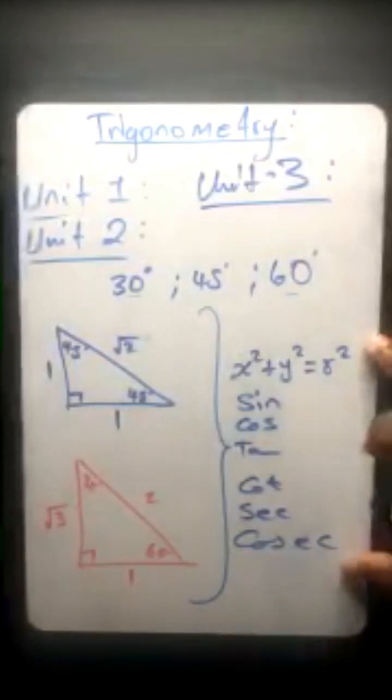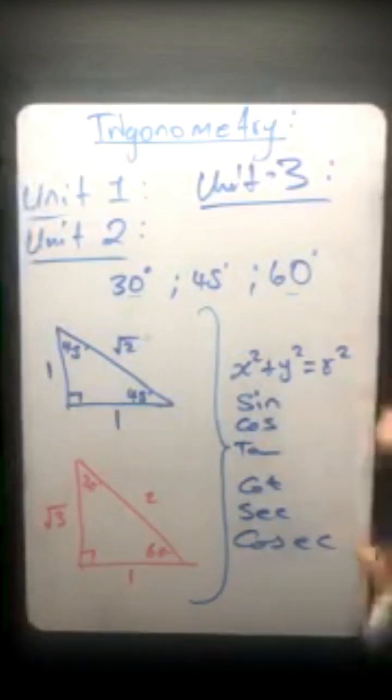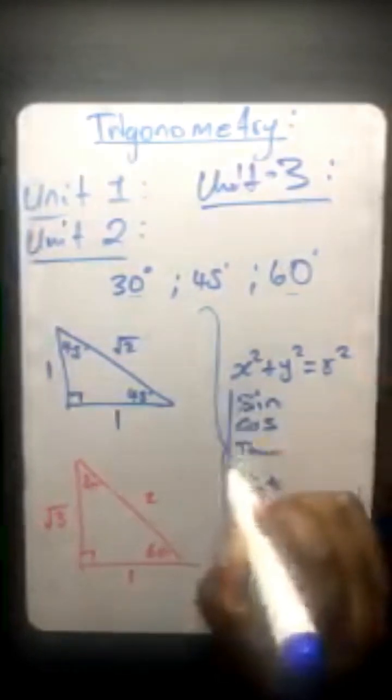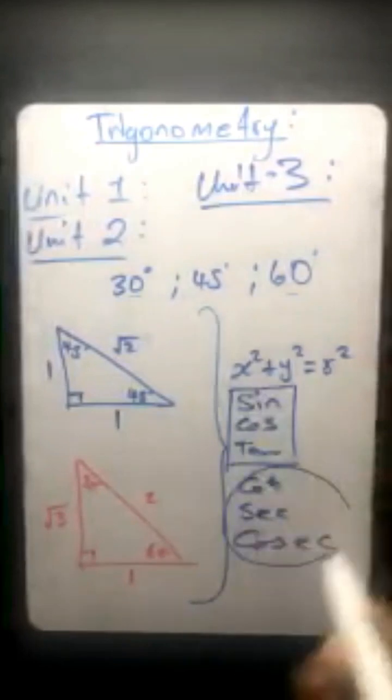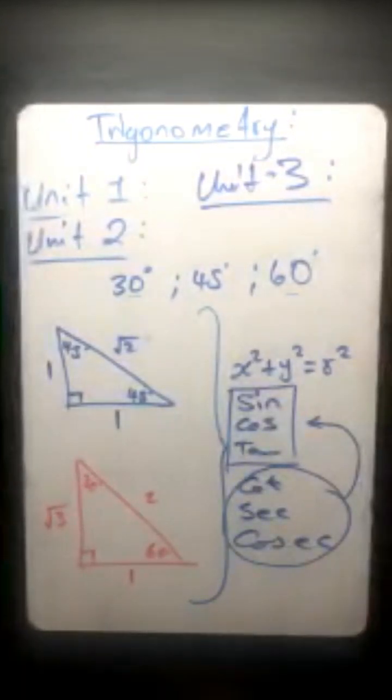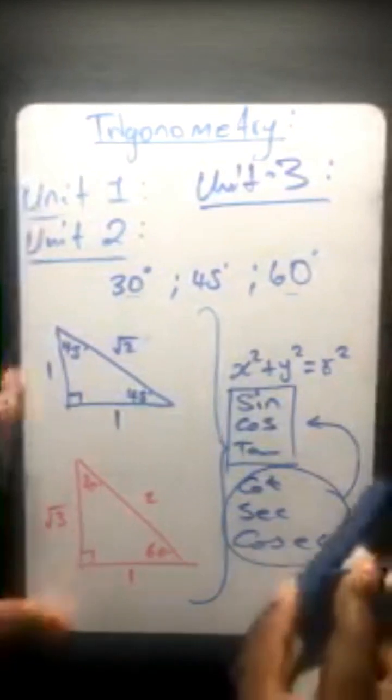This is what you need to always remember and understand, because you might need to use those, or you might be given these and you might need to convert them to those so that you can answer whatever question you'll be asked.